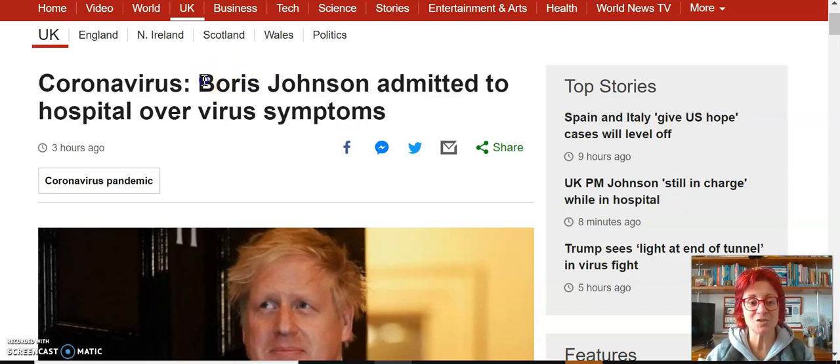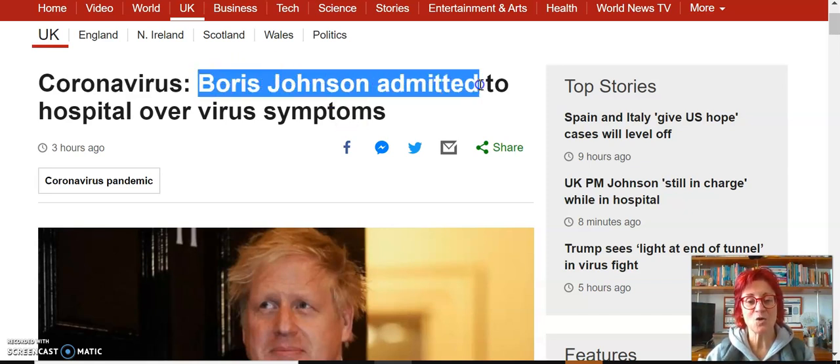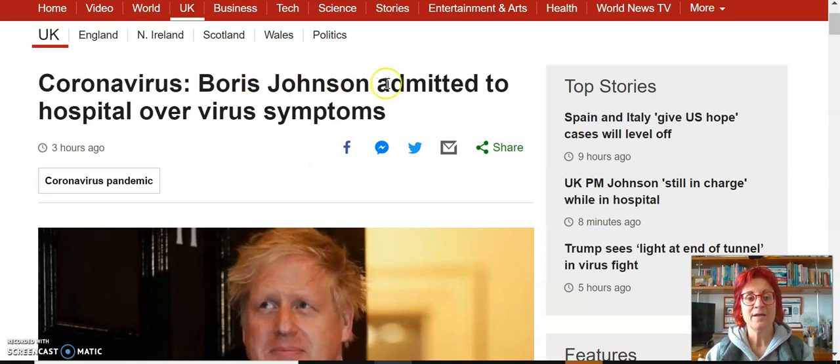So Boris Johnson admitted to hospital. This is a headline, so they made it shorter. The real version would be Boris Johnson was admitted to hospital. Of course, this is obvious that who took the decisions were the doctors, but we are not going to mention them because the real and important fact was Boris Johnson was admitted.